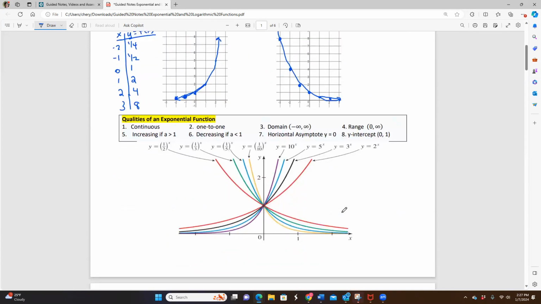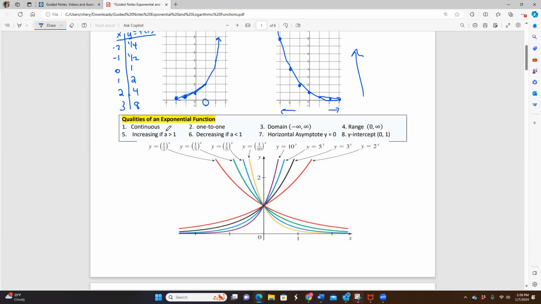So qualities of exponential functions. They're always continuous, which means there aren't any jumps or places where you pick up your pen when you're graphing it. They're always 1-to-1, which means for every one x value, you'll only have one y value. The domain is negative infinity to positive infinity. The range is 0 to positive infinity because they are always above the x-axis.